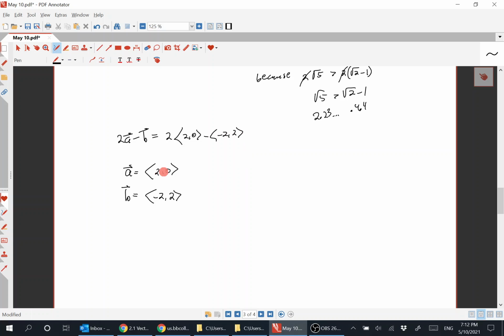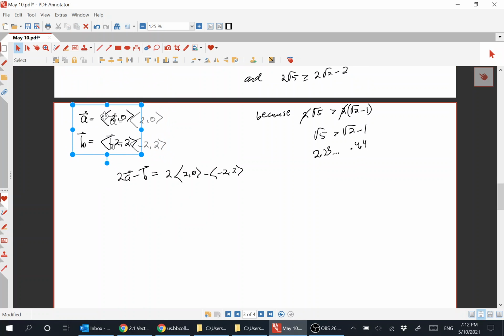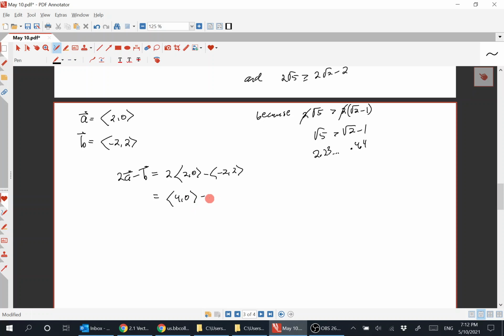All right, so this is equal to 4, 0. And then I can distribute the minus sign through, and then just make an addition. So this is 6 minus 2.